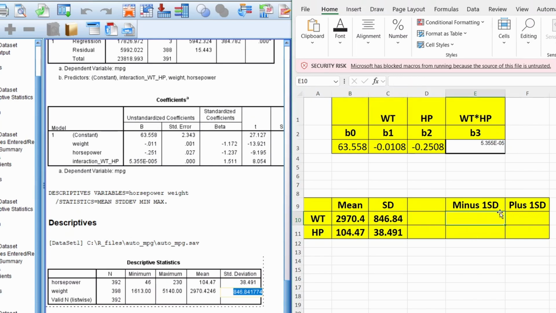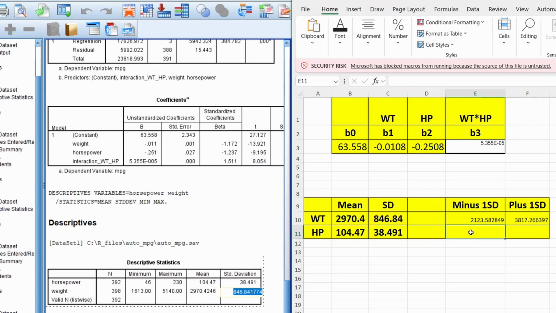And then the -1 standard deviation essentially is the mean minus 1 standard deviation. Yes, so that's how we get the data point. And then we're going to do the mean plus.